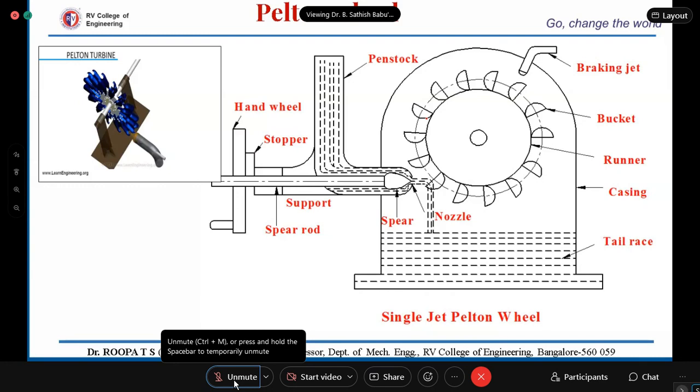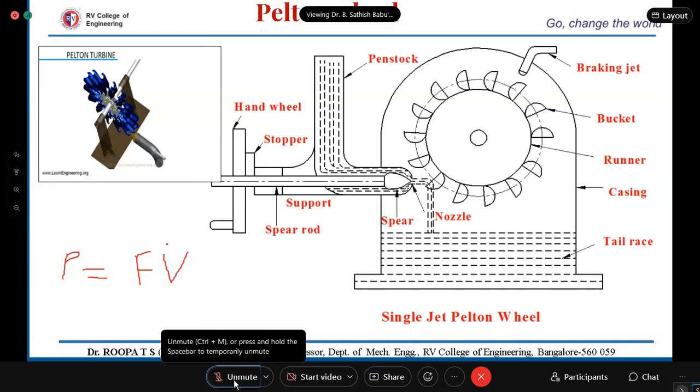Here the velocity at the inlet will be greater than the velocity of the water at the outlet, because as it comes out of the nozzle it is at very high velocity, and as it glides over the blades there will be a drop in velocity. The power developed will be equal to the product of the impulsive force and the velocity of the bucket.